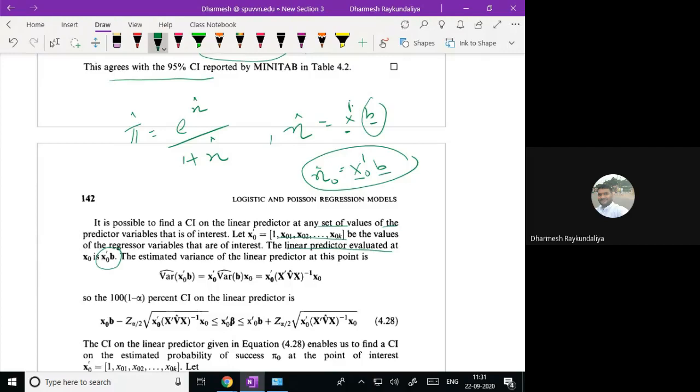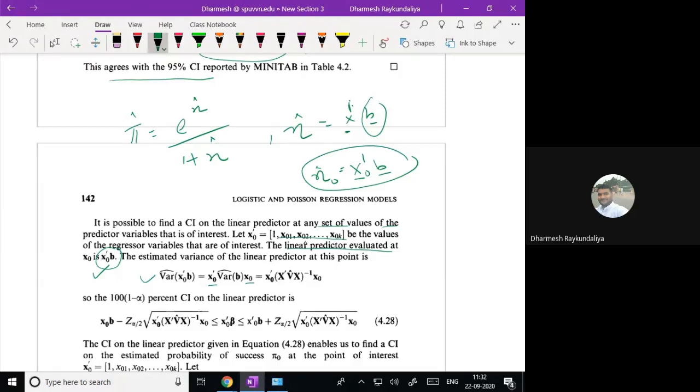To obtain the confidence interval, what I require is the variance of the estimate of the linear predictor. The estimate of the linear predictor is x0 dash b. I have to first find the variance. So the variance of this is equal to x0 dash, which is constant, times variance of b times x0.